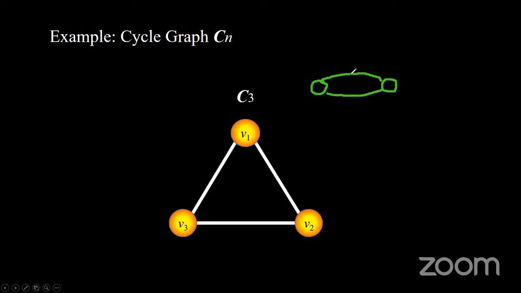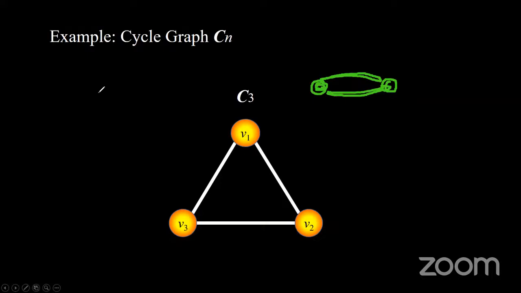But for a simple graph, this edge is called parallel edges because they have two of the same edge, the same ends. So these two vertices share those edges. So this is called parallel edges, yeah.